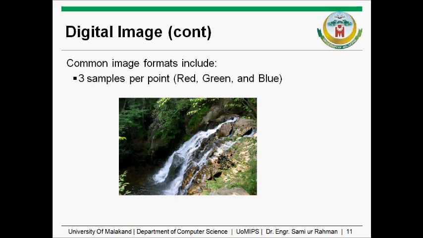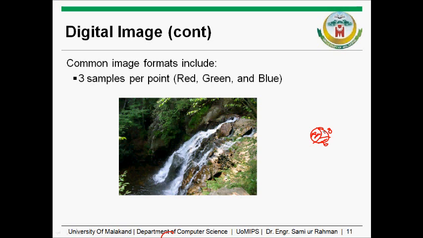Then we have another format that is called color image, and in a color image, for each pixel you have 3 values. Usually a pixel is represented with 3 values, let's say red, green and blue. If you want to represent a pixel as green, then you will assign 0 to red and blue and 1 to green.